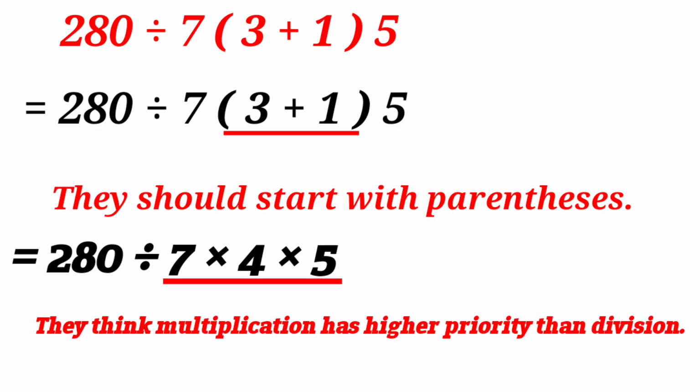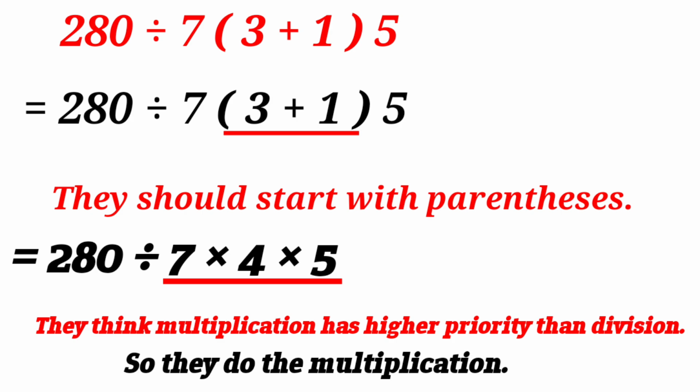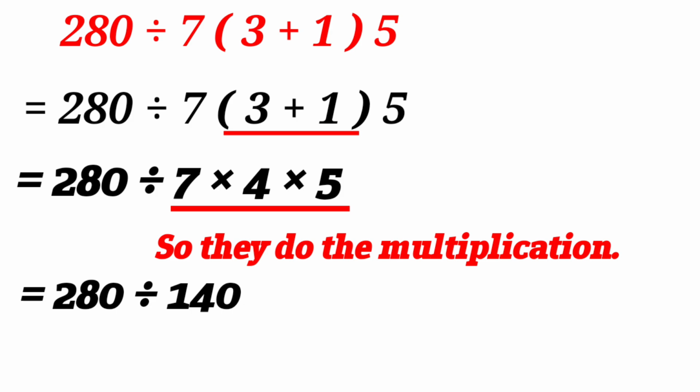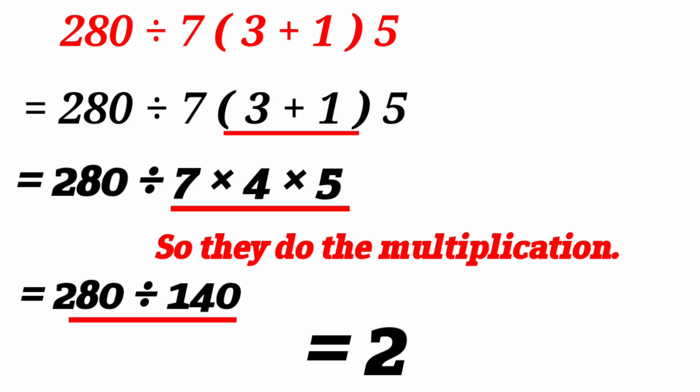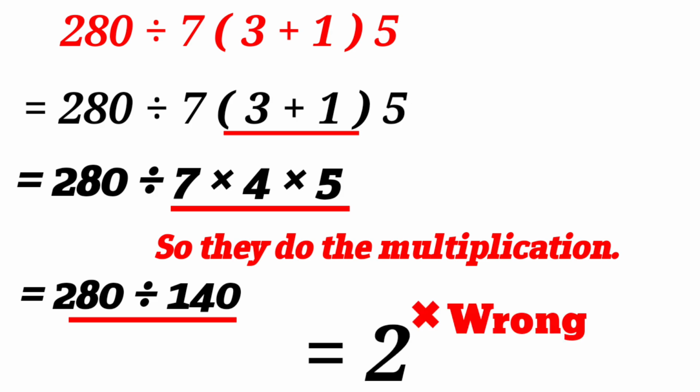They think multiplication has a higher priority than division, so they do the multiplication first. That is equal to 280 divided by 140. They do the division between 280 and 140, which is equal to 2. 2 is the wrong answer.